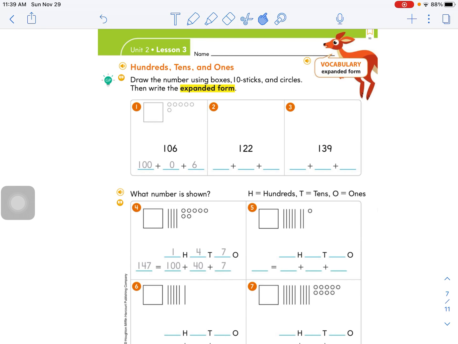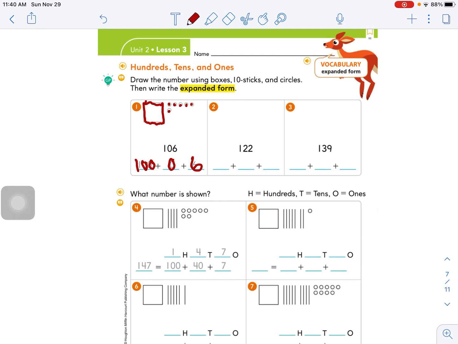Looks like we're making the number 106, and it looks like the box for 100 is already made, and then they also included the circles for making 5 and then 6, and then wrote it down here in expanded form, 100 plus, oh, there aren't any tens. Look at that number. There's no tens. There's only a 100 and 6 ones. So 0 tens and 6 to make 106.